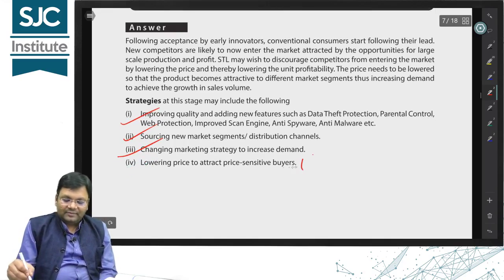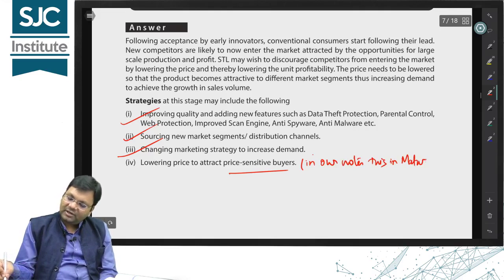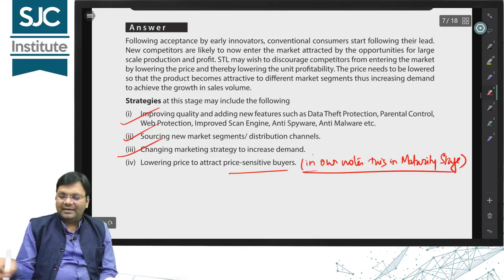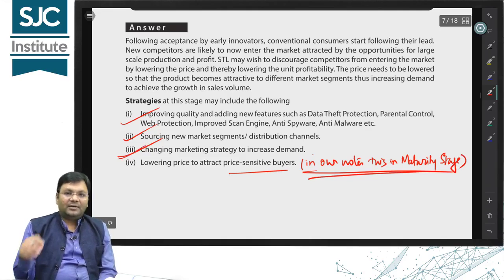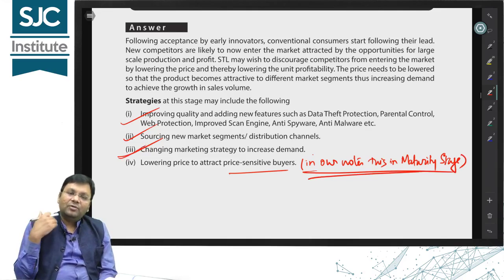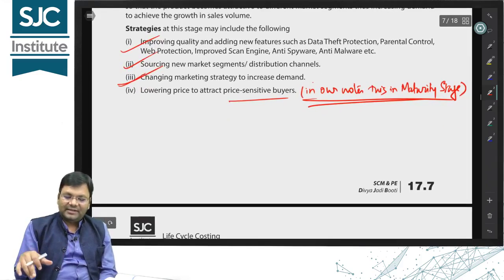So here when we write this in our notes, this is in maturity stage. So you can do some task of maturity stage also in growth stage, that I have always said here. So don't take it as a negative thing. Try to understand like how some things can also be implemented in your previous stage.